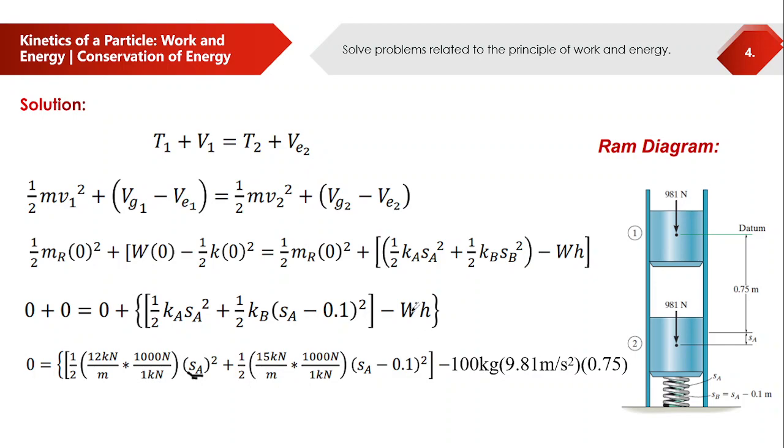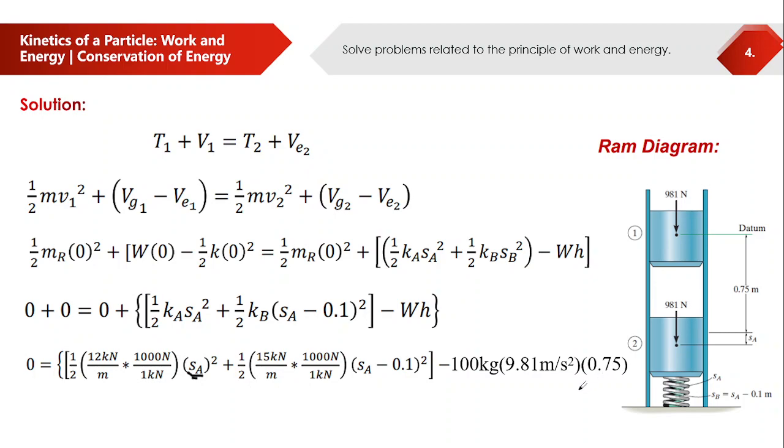That's your mass times the gravitational acceleration, so that we can get the weight, times the displaced height of the ram, because our datum line is 0.75, the distance to the spring earlier.